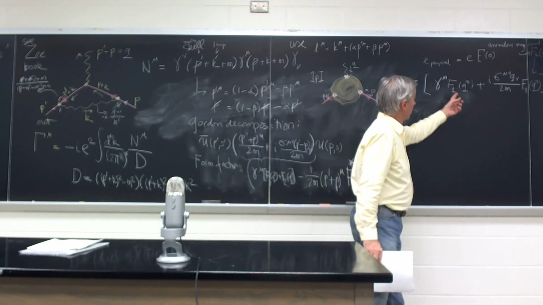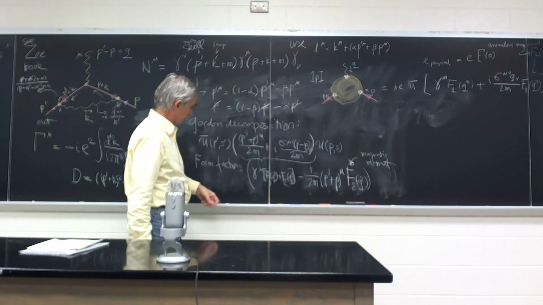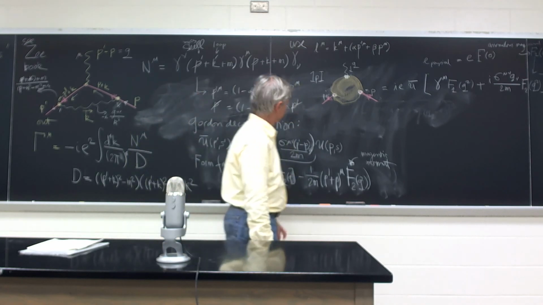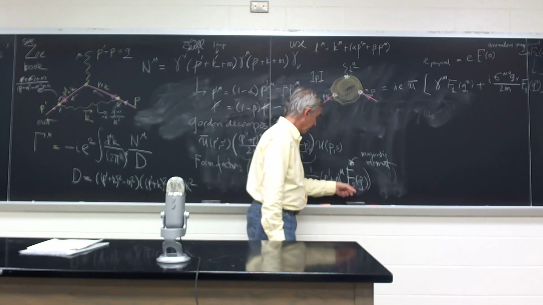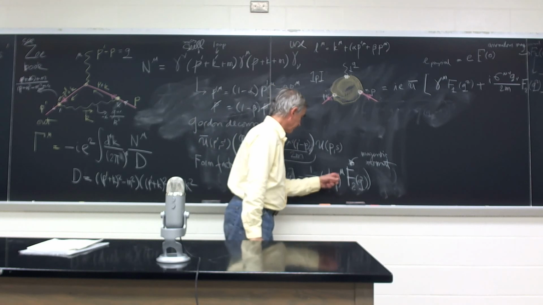So now I did a little bit of this using the Gordon decomposition to bring it to this form. And that's just convenient for calculation, to have the anomalous magnetic moment associated with momenta up there.